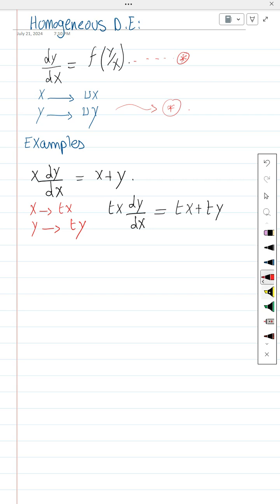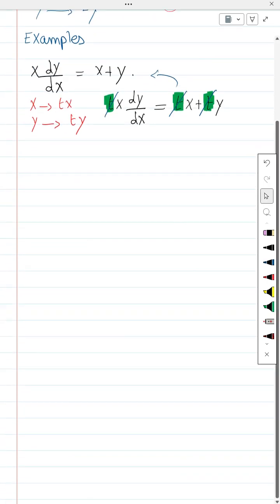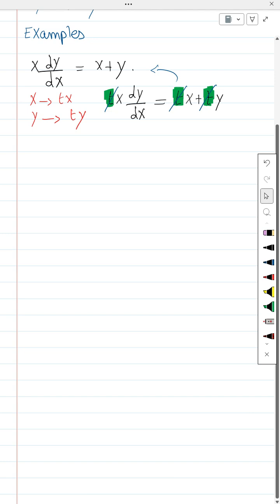As you can see, we have a common factor t on both sides, so we can remove this t from the two sides of the equation, and we end up with the first equation that we had. So this is a homogeneous differential equation. This is how to know that it is homogeneous.